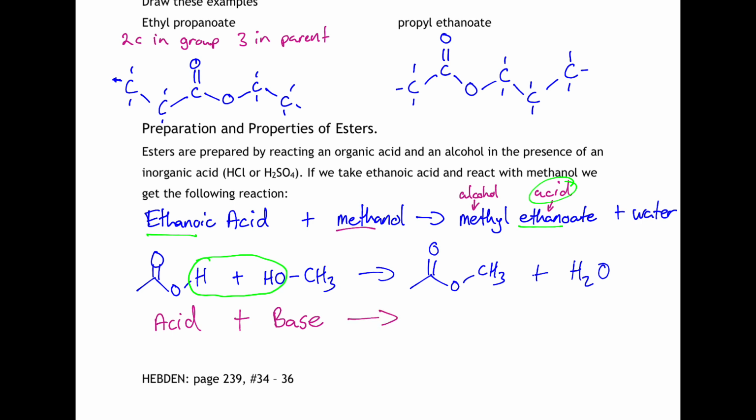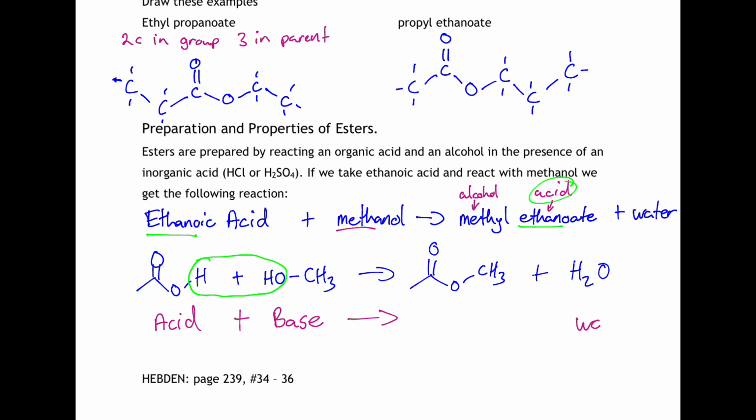So what kind of reaction is this, when I put acid plus base? Neutralization reaction. So what did I call an ester in its initial description? Well, what do neutralization reactions make? Acid plus base equals? Water is one of them.